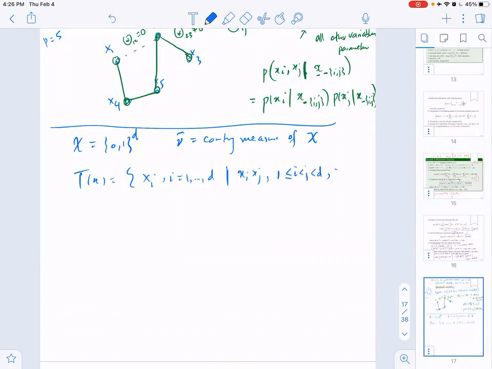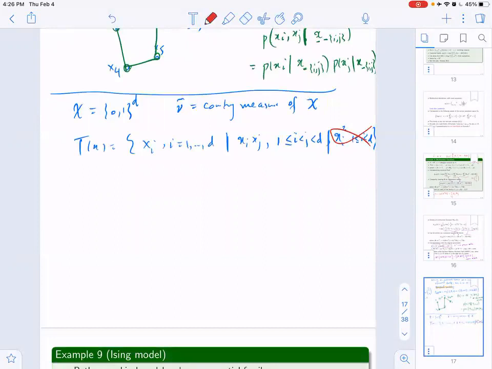I could also try to include x_i squared for i from 1 to d, but because I'm dealing with binary variables, this part is vacuous. I can just ignore it because it gives me the same as x_i. So including these would not be necessary. So that would be my sufficient statistic.